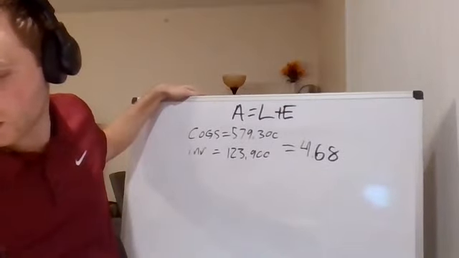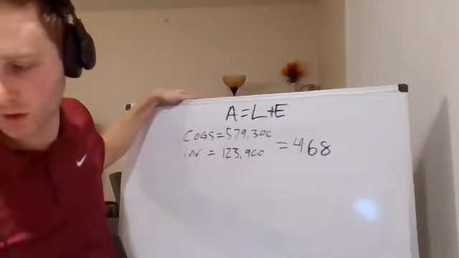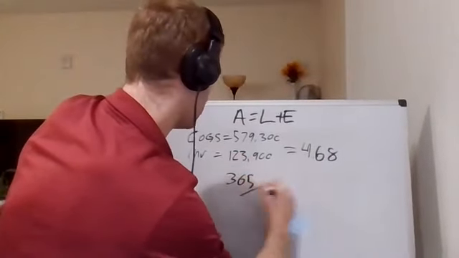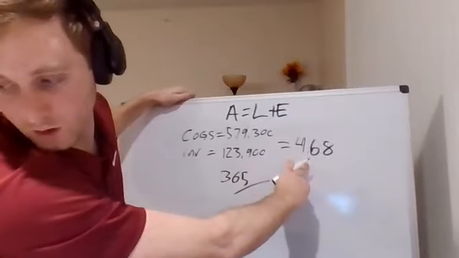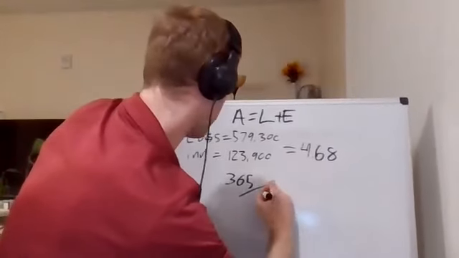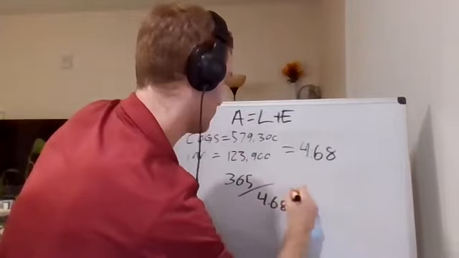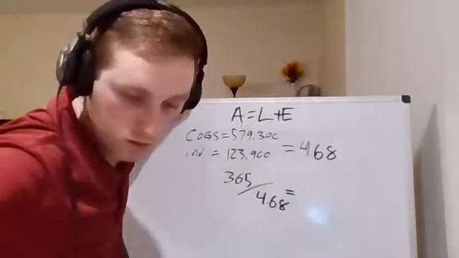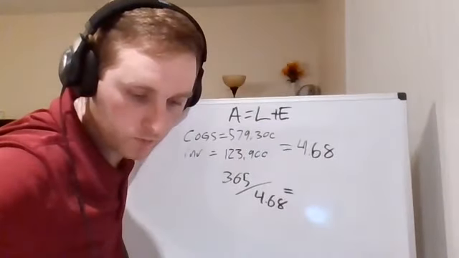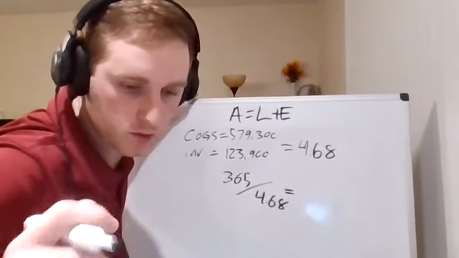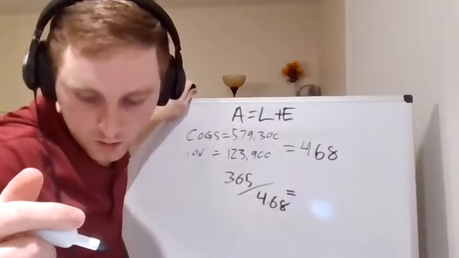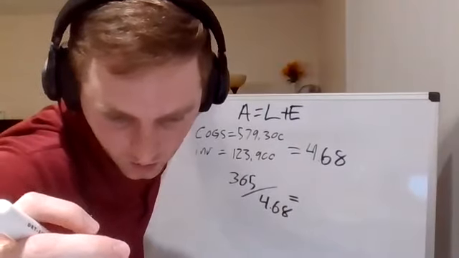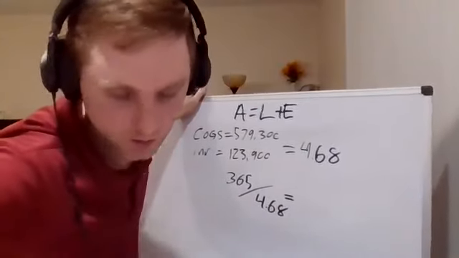So we have to use the days sales in inventory equation, which is the number of days in the year, 365, divided by our inventory turnover, 4.68. 365 divided by 4.68 equals 77.9. I guess rounding threw me off a little bit there.